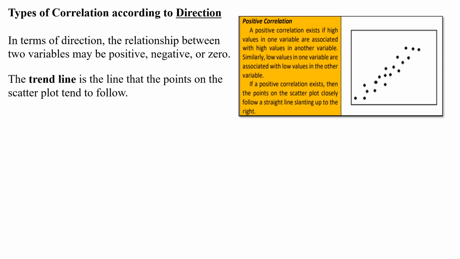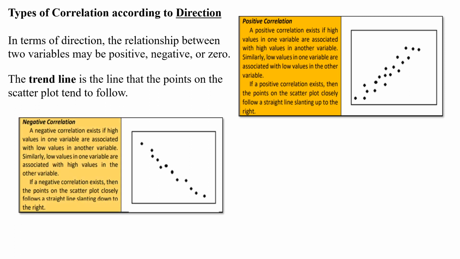Okay? Then next, negative correlation. A negative correlation exists if high values in one variable are associated with low values in another variable. So, dito naman, kapag mababa yung unang variable, yung pangalawang variable niya dapat mataas.